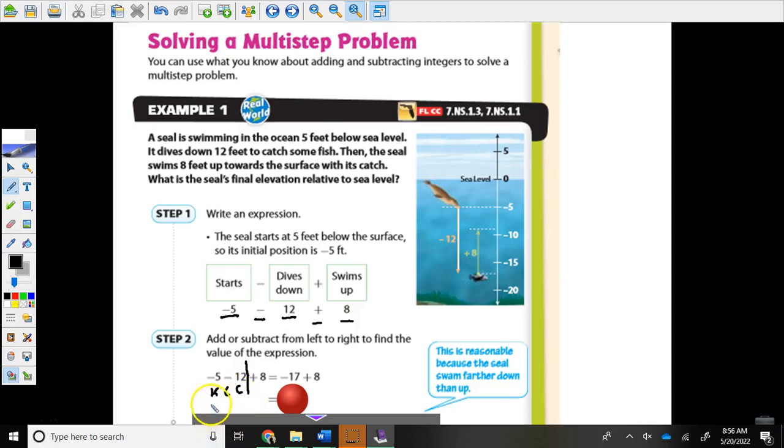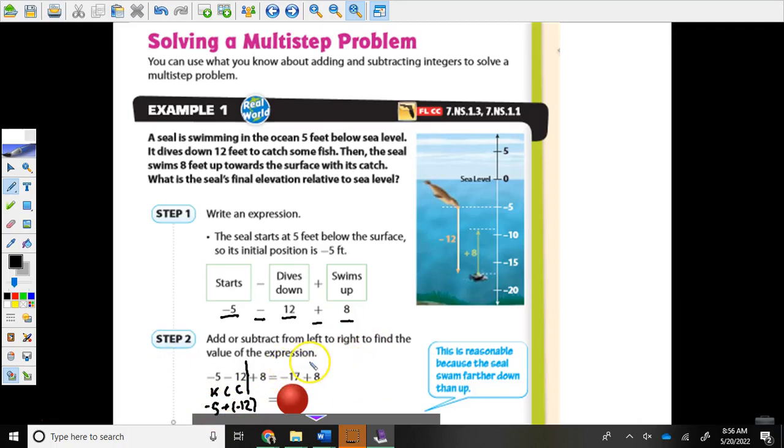So KCC, I'm going to get -5 plus, that's a positive 12. I'm going to make it a -12. So basically, I'm just going to add them together since it's a negative plus negative. That's 17.1, adding with the same sign. So 5 plus 12 is 17, and they're both negative, so it'd be -17.